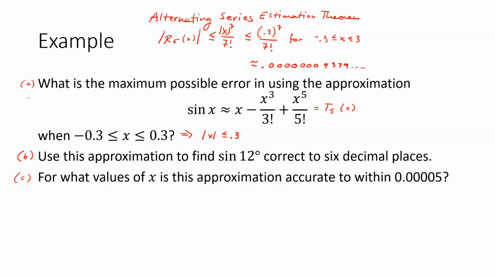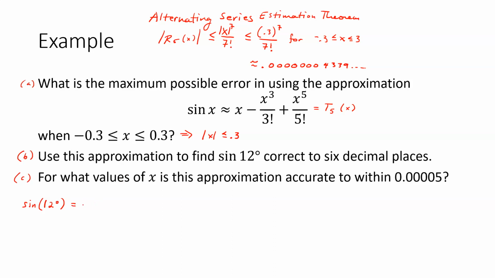How about the second question here, where I want to use this to approximate sine of 12 degrees correct to 6 decimal places? Well, let's figure out what we're actually going to be plugging into our polynomial. Because 12 degrees, notice, is not in the right unit. So to convert 12 degrees to radians, we'll multiply 12 degrees times pi over 180.